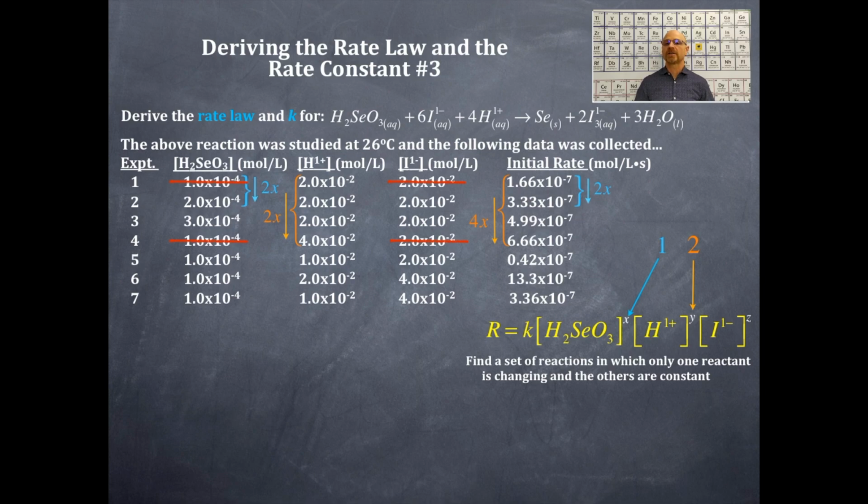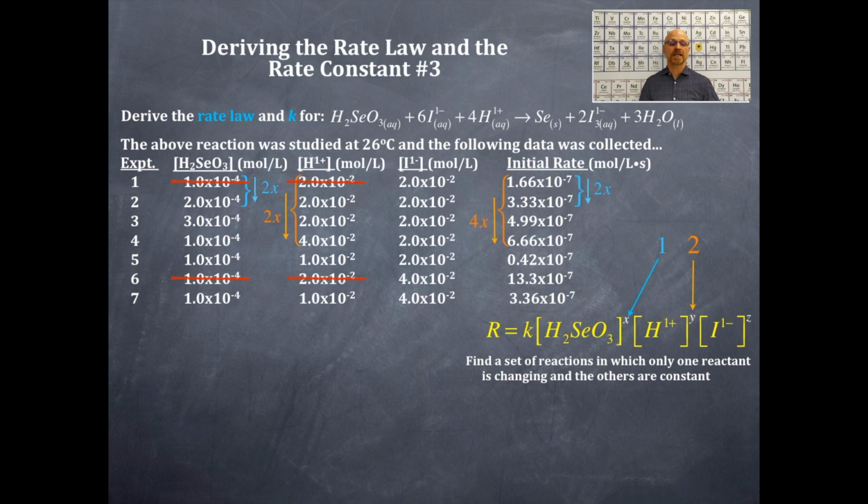So now we've done the H2SeO3, we've done the hydrogen ion concentration, that's H1+. Now we need to get the iodide ion concentration's order. So that's Z. Remove that information. Again, we're going to look at all this data and figure out which two reactions, the H2SeO3 and the H1+, remain constant, having the iodide ion concentration change and the rate change.